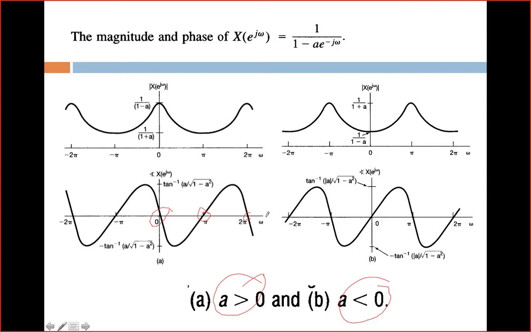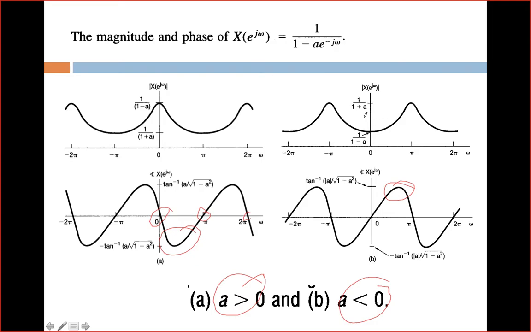Just see these two plots. Here after 0 you have a negative plot, but here you have positive, and that is a mirror image. I can even say that it is a delayed version of the plot you got when a is greater than 0. When a is less than 0, you have an advancement.